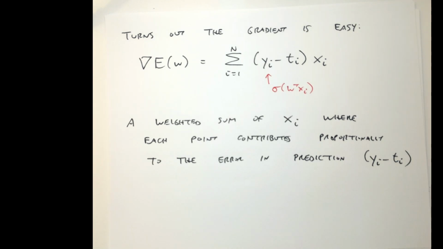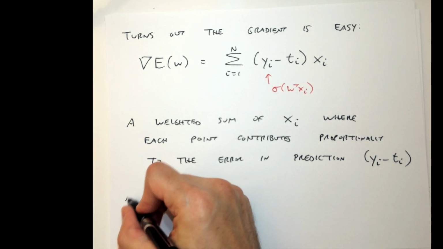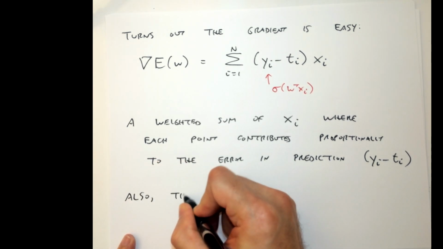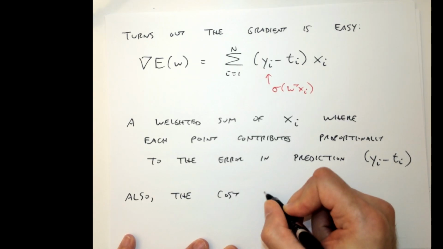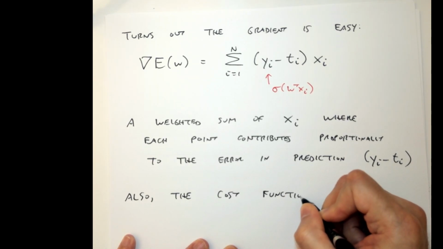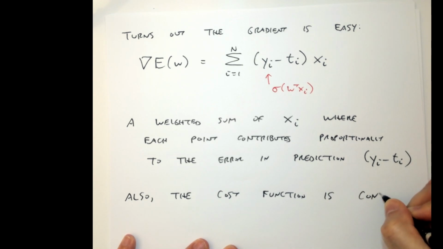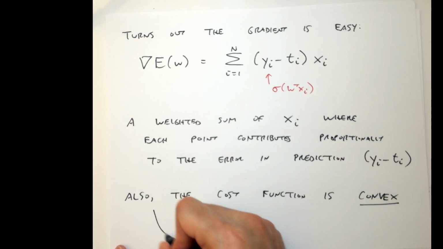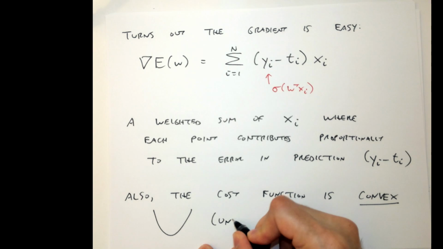The other nice thing that you can show is that this cost function is convex, right? So also, the cost function is convex, which we talked about before. That means it looks like a nice bowl in parameter space, right? So it has a unique global minimum if we can only get to it.